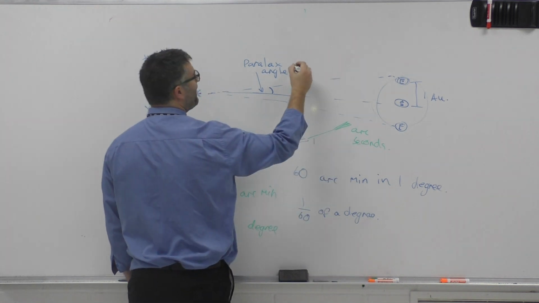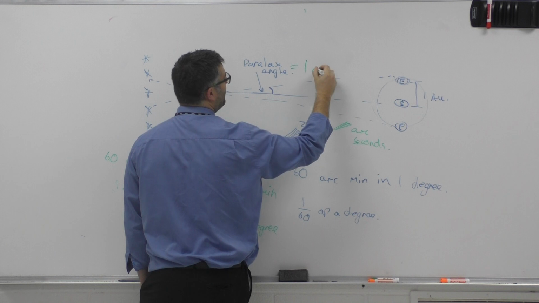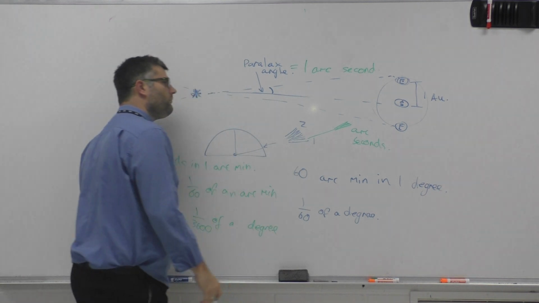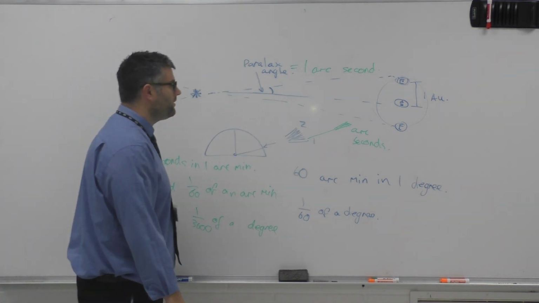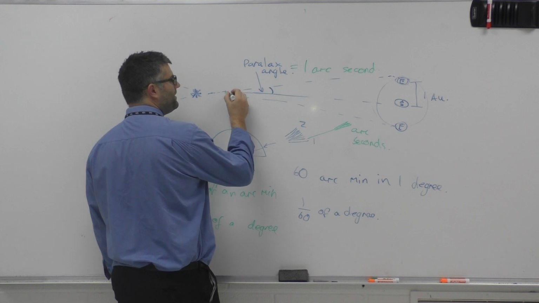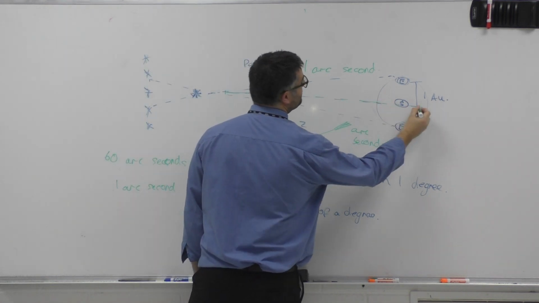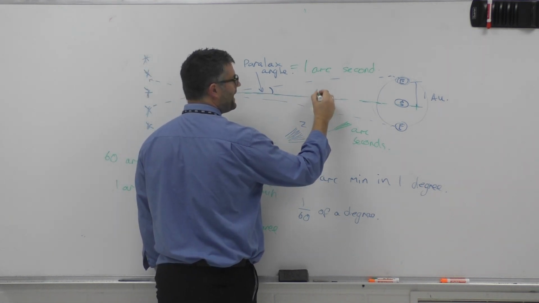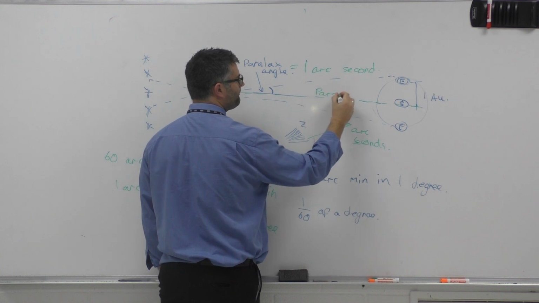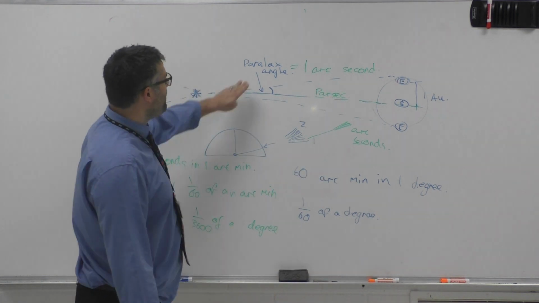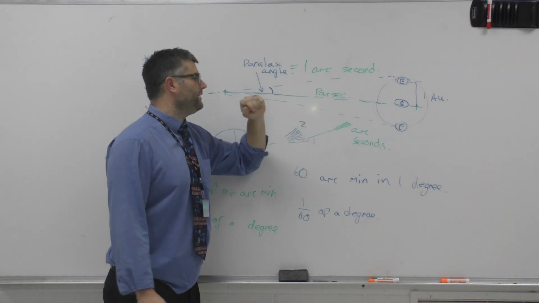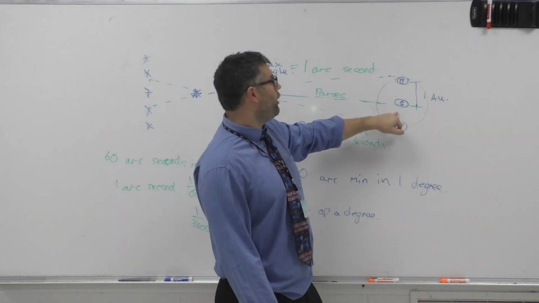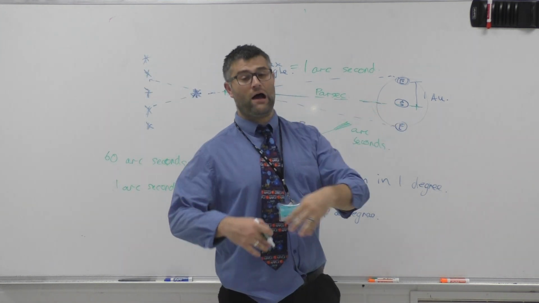And we say that a parallax angle of 1 arc second will subtend a distance here that we call a parsec. So where the parallax angle is 1 arc second, we have a distance to that star from our sun of 1 parsec, and that is now a new unit.